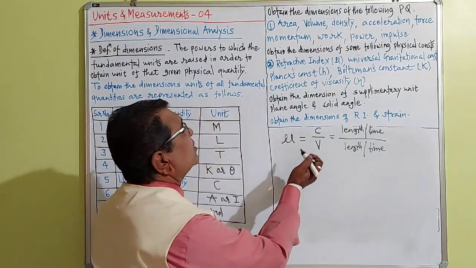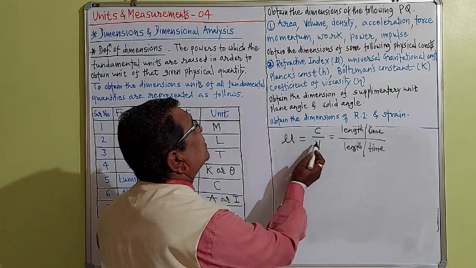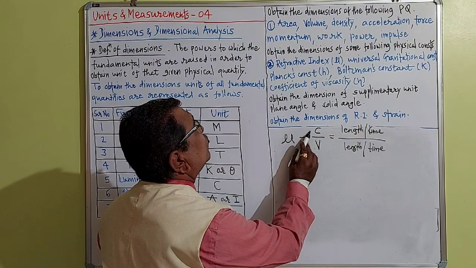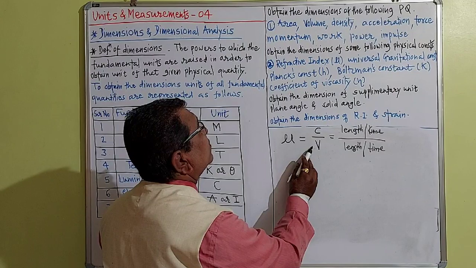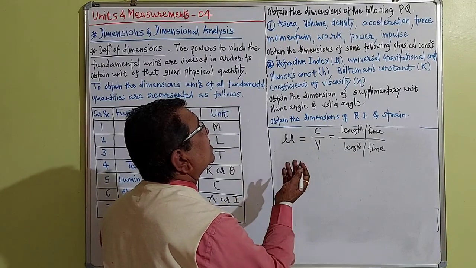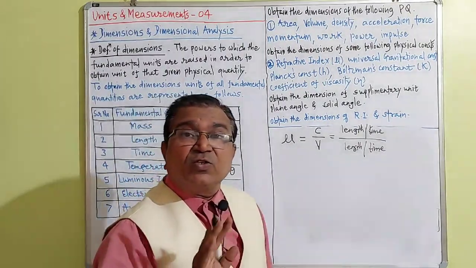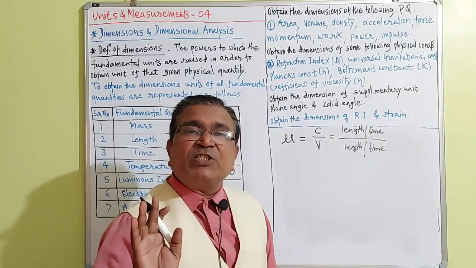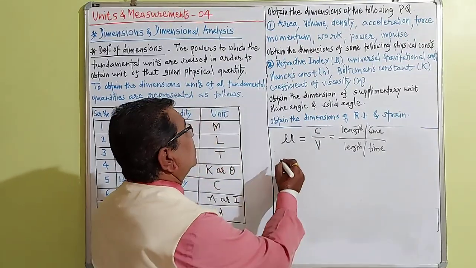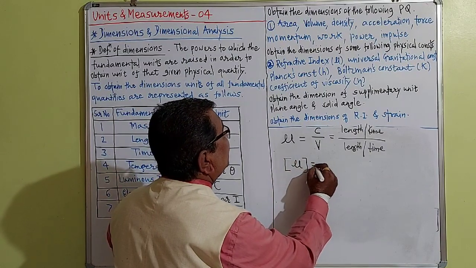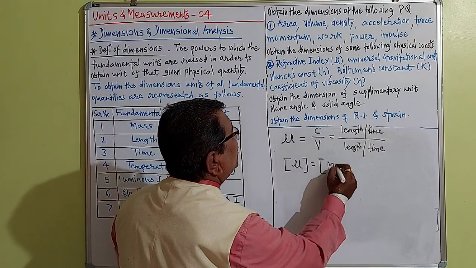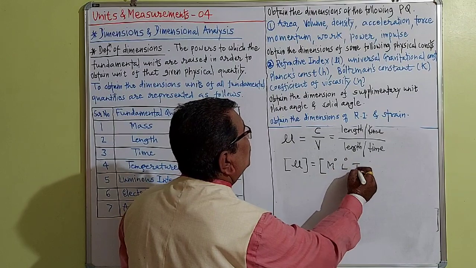No unit is there, because it is a ratio of same physical quantity. Numerator also stands for velocity, denominator also stands for velocity. Velocity upon velocity. Unit gets cancelled. Unitless and dimensionless quantity. So we will write like this: dimension of mu is equal to m0 L0 T0.